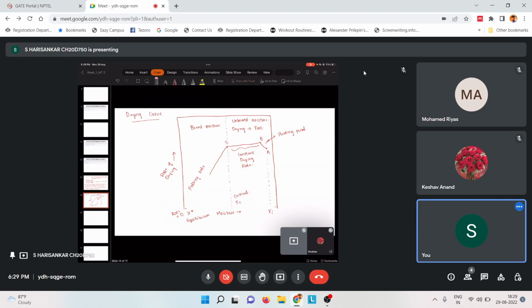Now, to have a clearer idea, let's do one thing. Let's say the equilibrium moisture is somewhere like this. So this is the equilibrium moisture, and this falling rate, you can write it like this.